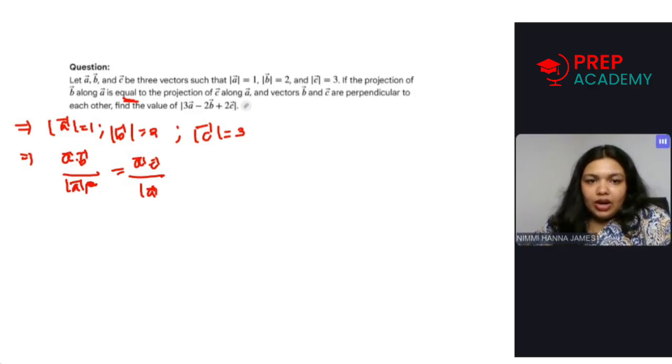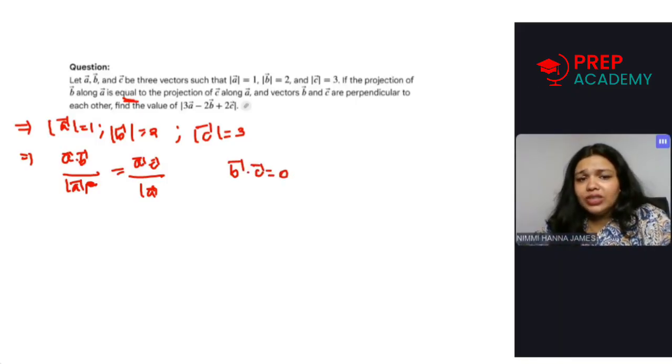Now, also given B and C are perpendicular to each other. By the definition of the dot product, if two vectors are perpendicular, their dot product is equal to 0. So B dot C is also equal to 0. So all of these are the information from the question.